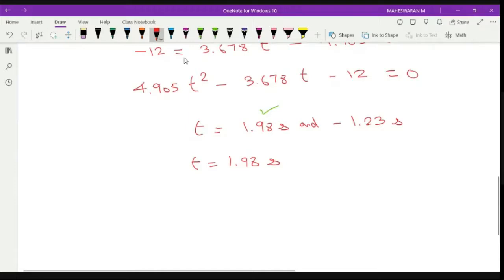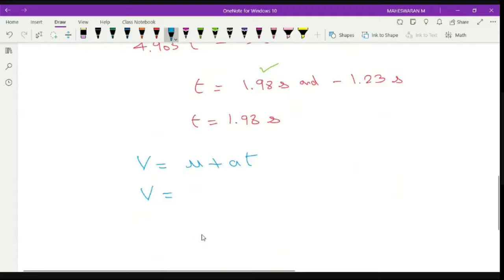So we identified this. Now it is easy to identify my v value. v is equal to u plus at. So v, my final velocity, is equal to the initial velocity 3.678 minus 9.81 into 1.98.